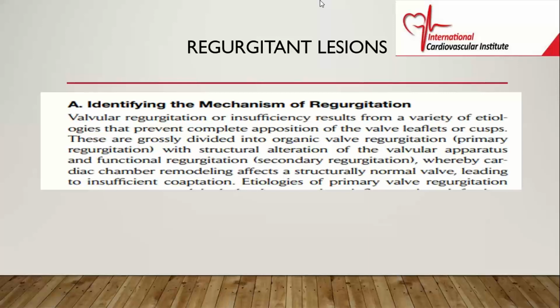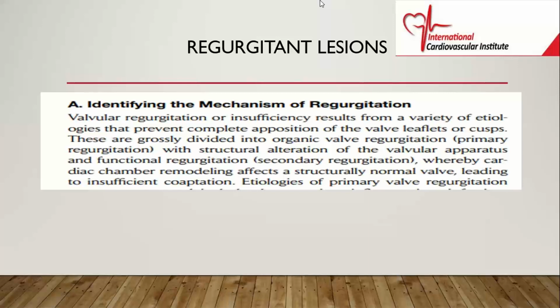everything's okay with the valve, but the apparatus that anchors the valve or surrounds the valve, we have a disease in some of those structures, which gives rise to regurgitation.